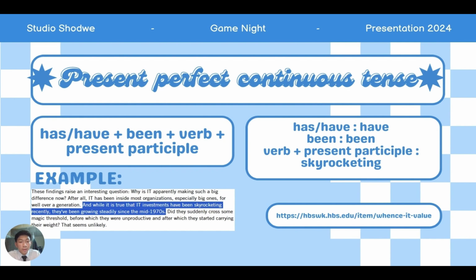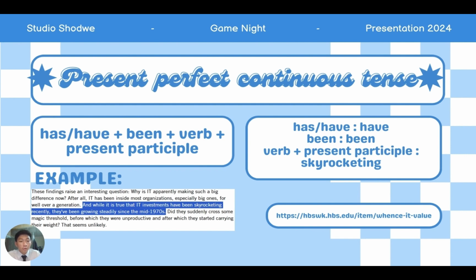As in the article that has been given: these findings raise an interesting question: why is IT apparently making such a big difference now? After all, IT has been inside most organizations, especially big ones, for well over a generation. And while it is true that IT investments have been skyrocketing recently, they've been growing steadily since the mid 1970s.